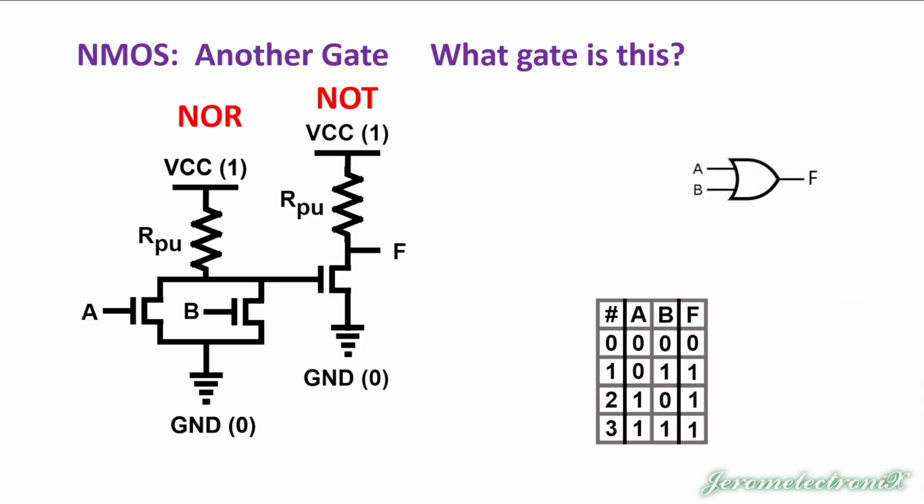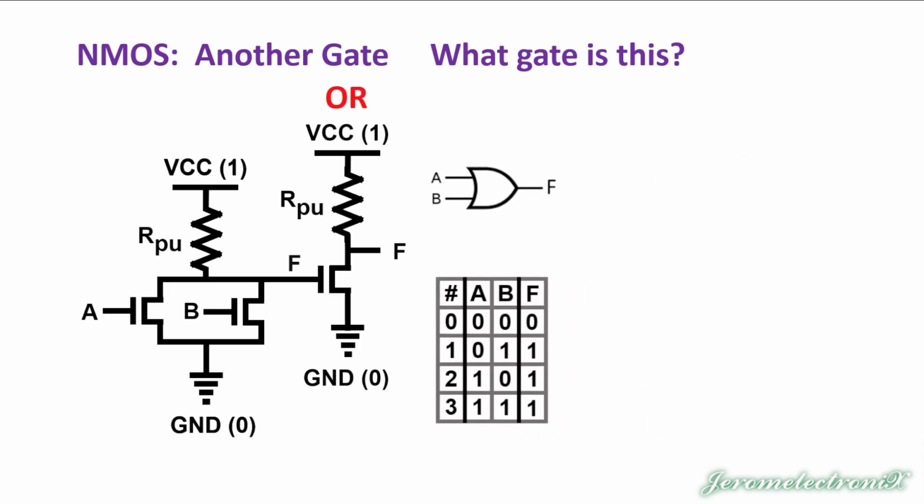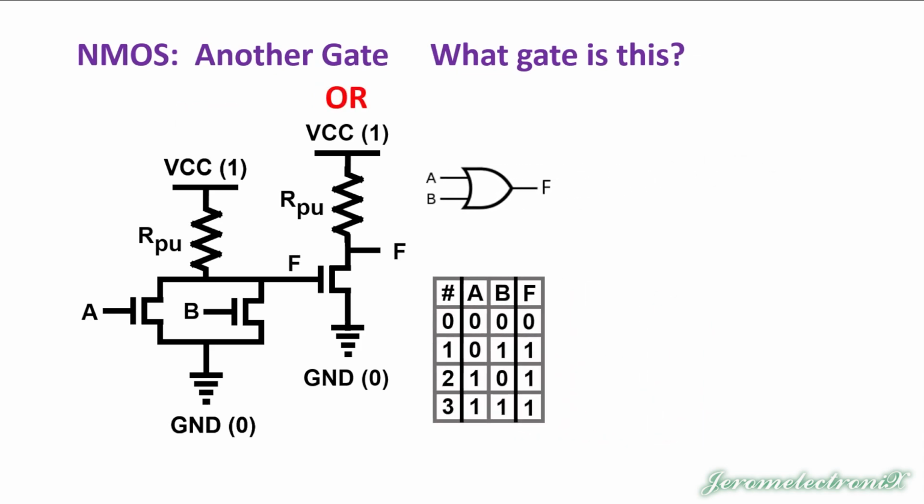Double knots kill each other, and so now we've got a regular OR gate. Taking a NOR gate, I guess that's the best way to say it, a NOR gate only has 2 transistors. It takes 3 transistors for it to become a regular OR gate.